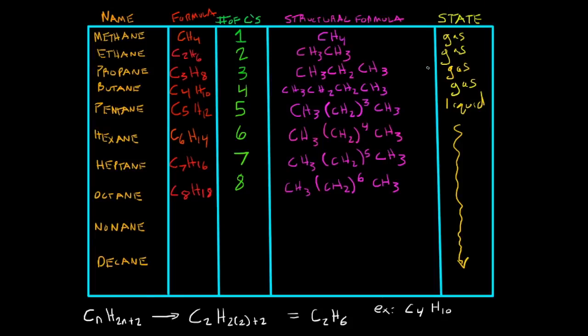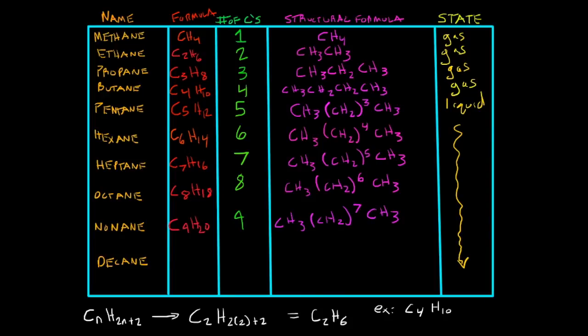Next is nonane, which is 9: C9H20, with 9 carbons, and CH3, CH2 to the 7, and CH3.